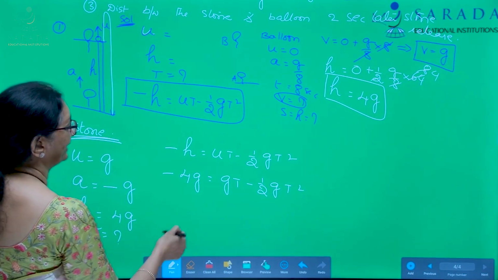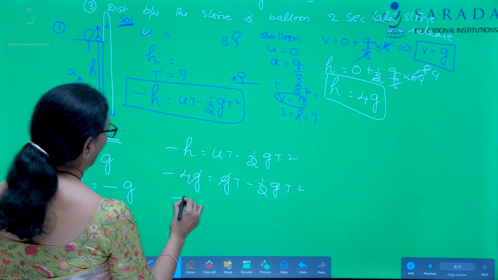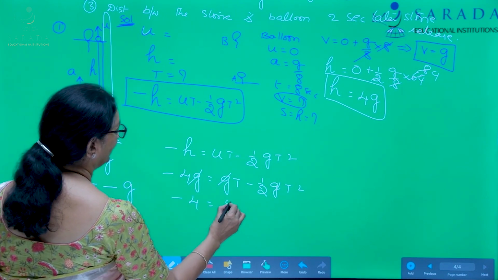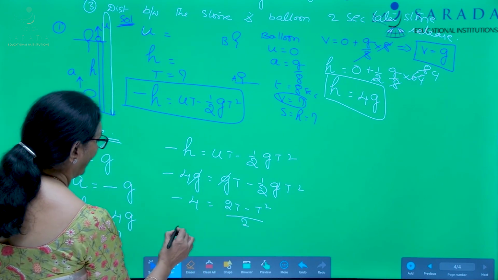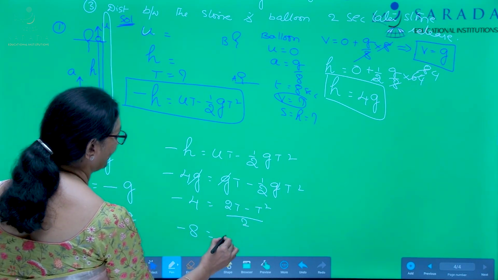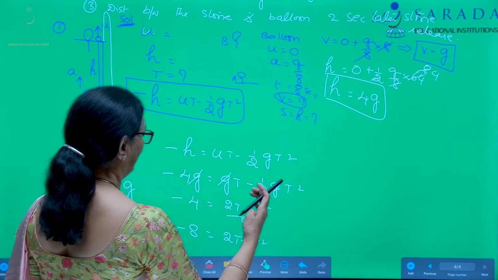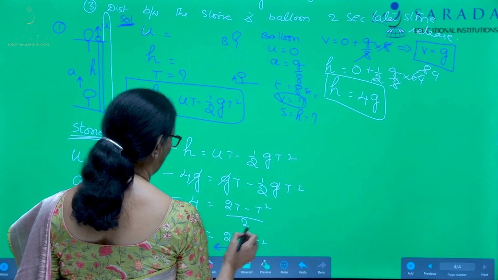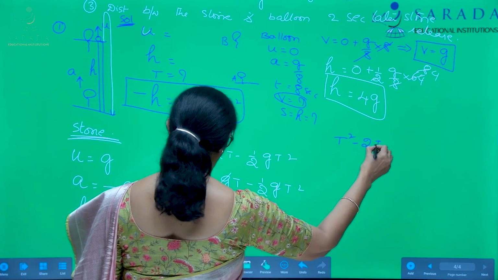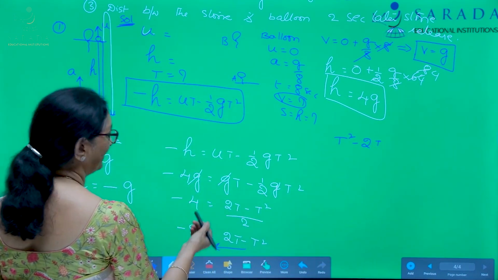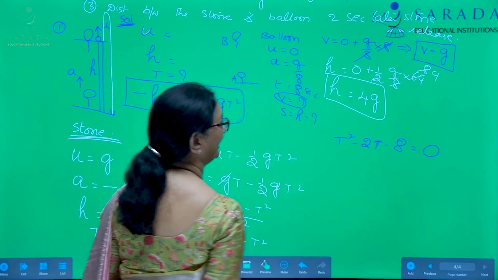Just if you look at it, you can take that g as common factor outside. Minus 4 is equal to t minus t square by 2, or minus 8 is equal to 2t minus t square. Now, taking this to the other side, t square minus 2t minus 8 is equal to 0.